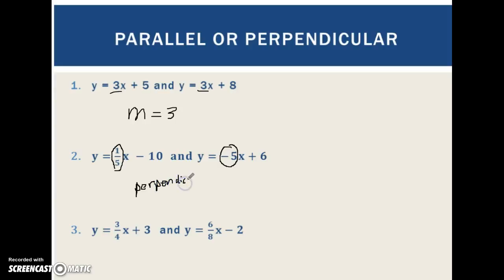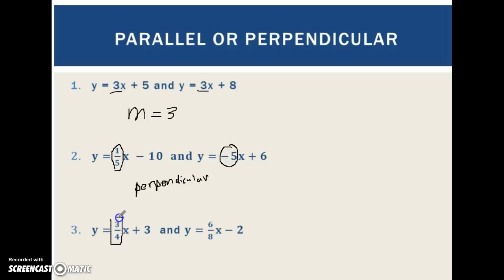And our last one, we have the equation y equals 3/4 x plus 3 and y equals 6/8 x minus 2. Would these two equations be parallel or perpendicular? These two are actually parallel. Even though it doesn't look like it up front, they are parallel.